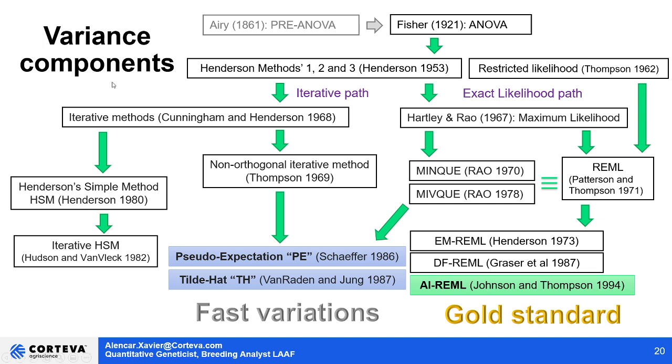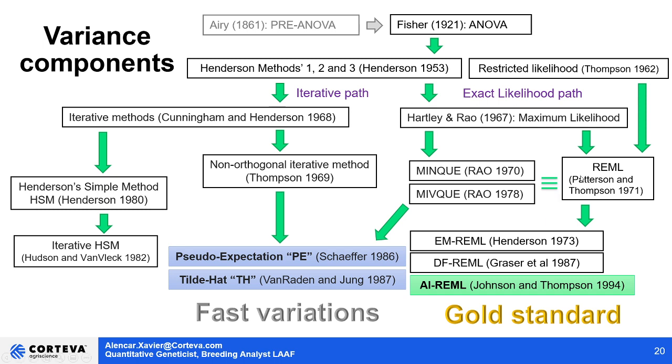The same method was later corrected and generalized by Robin Thompson, to accommodate non-orthogonal design matrices. Henderson kept working on iterative methods. So one of the methods that also became quite popular was called the Henderson simple method from 1980, and some iterative variations that he proposed with his student Van Vleck.